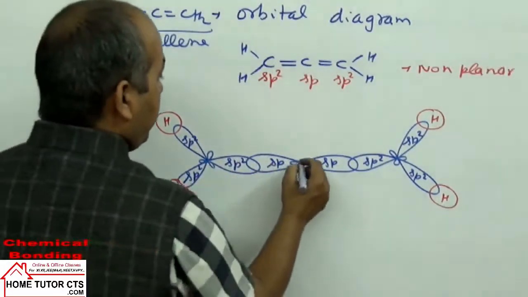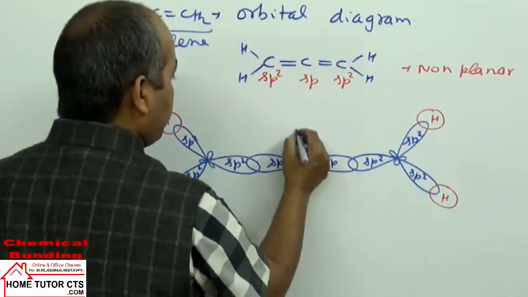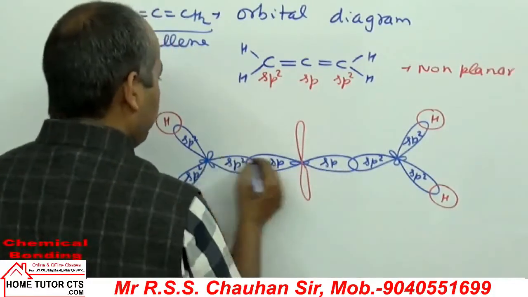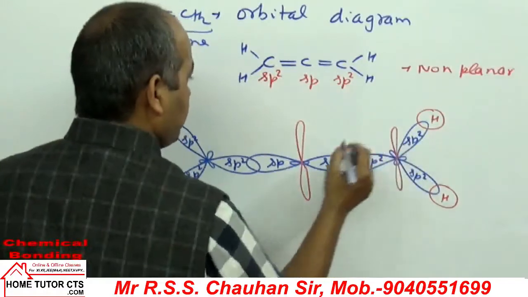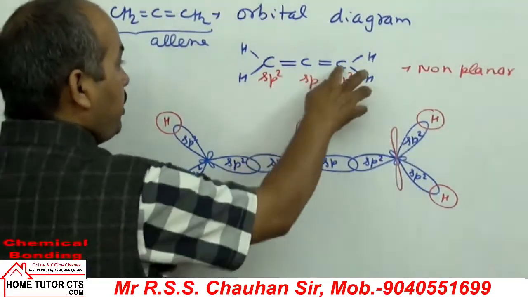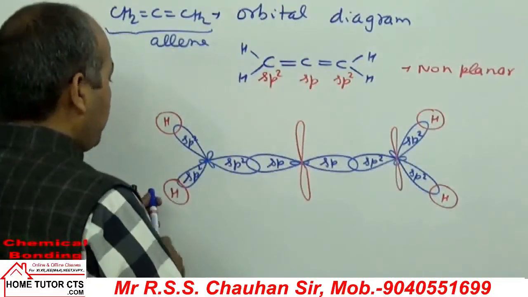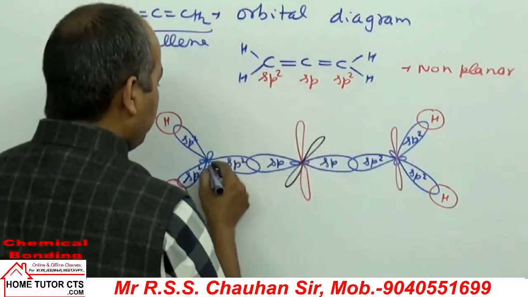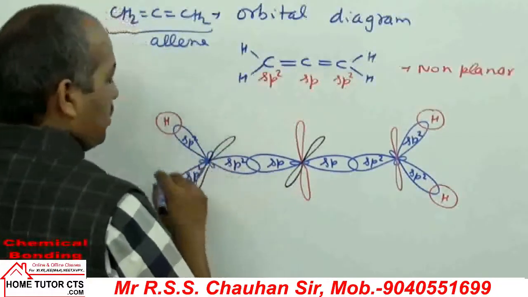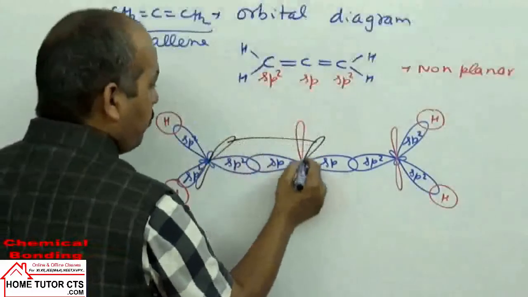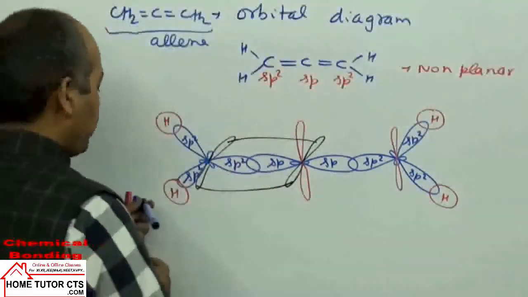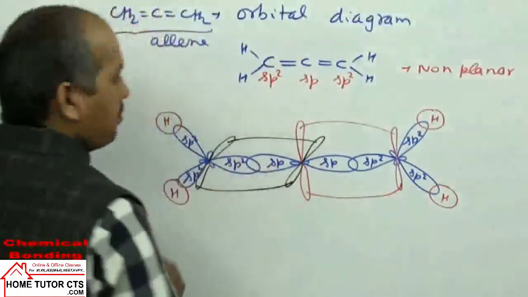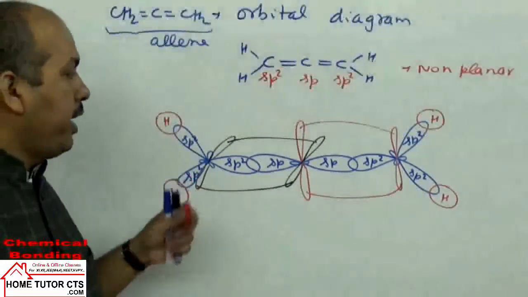Now the middle carbon has two unhybridized p orbitals. The terminal carbons are sp2 hybridized and also contain one unhybridized p orbital each. So one carbon's unhybridized p orbital forms one pi bond, and the second carbon's unhybridized p orbitals form one more pi bond. This can be taken as the allene molecule.